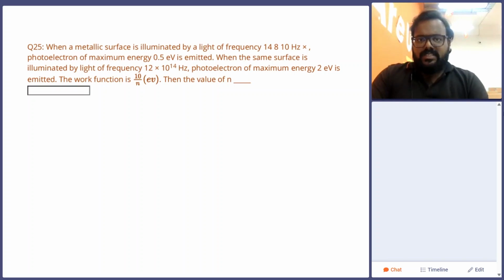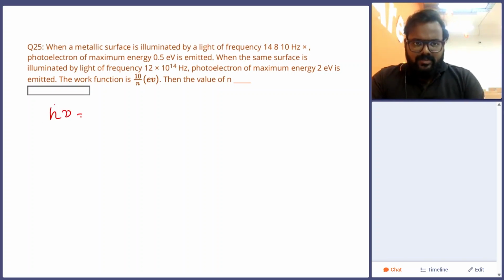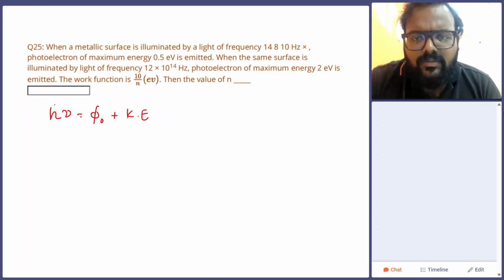When a metallic surface is illuminated with light of a given frequency, we are talking about phi naught plus kinetic energy. This is the photoelectric equation.